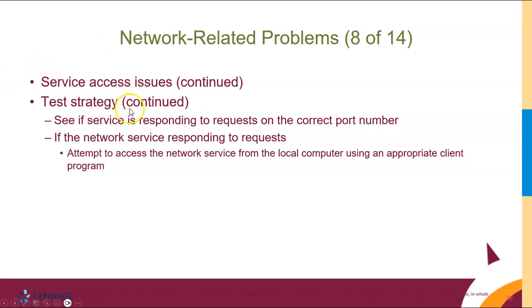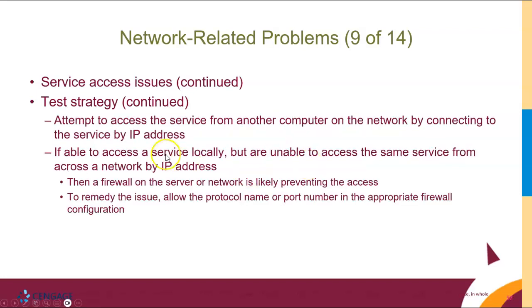So continued, we see if the service is responding to requests on the correct port number. If the network service is responding to requests, attempt to access the network service from the local computer using an appropriate client program. If that works, you attempt to access the service from another computer on the network by connecting to the service by IP address.